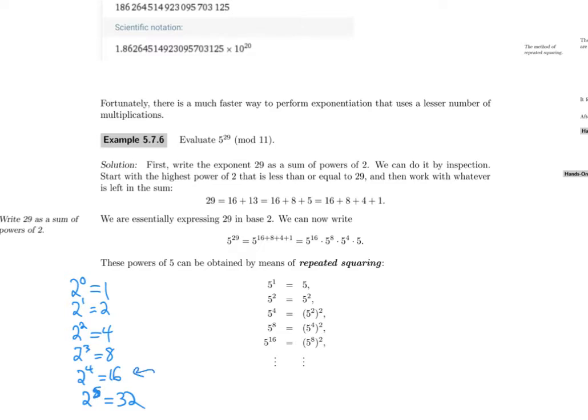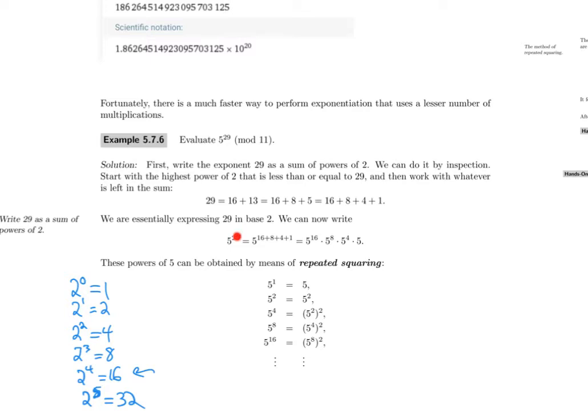2 to the fifth equaling 32 is more than what we need. So it looks like we can write 29 as the sum of 16 plus some other stuff. So plus 8 plus, let's see, this 5 can be broken up into a 4 and a 1. All right, so consider exponent rules.